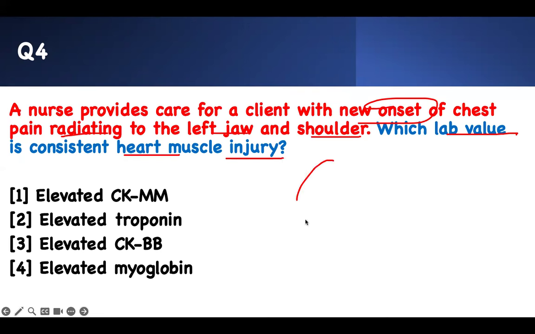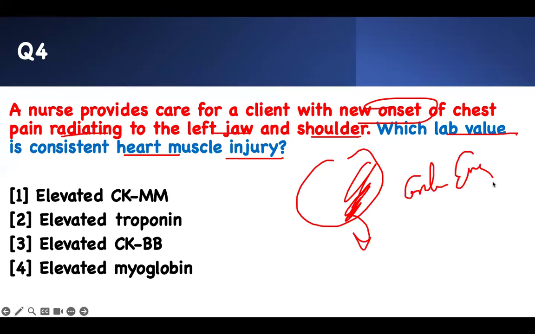This is the concept. This is your heart. This patient looks like he's having a heart attack. What do we do when we suspect a heart attack? We get cardiac enzymes, right? What are we looking for? We're looking for troponin. We also look for creatine kinase because it's a muscle, but we're looking for MB, right?